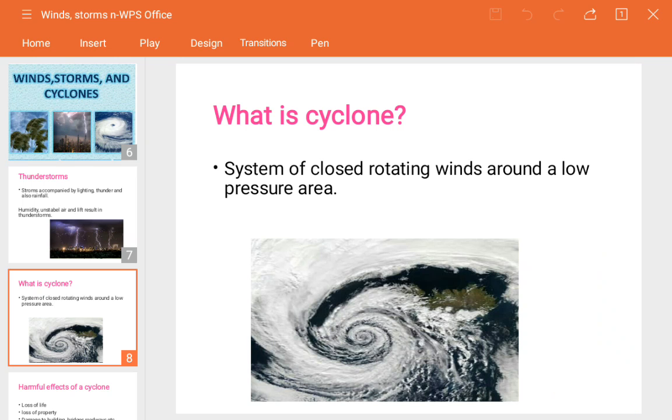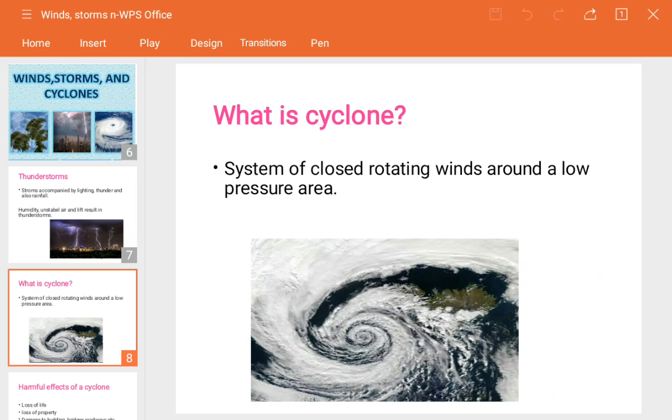It is a system of closed rotating wind around a low pressure area. It mostly happens where a low pressure area is caused, inside the water. So which is the low pressure area in this situation? Inside the cyclone, the center part, which is called the eye of the storm, has a low pressure area.